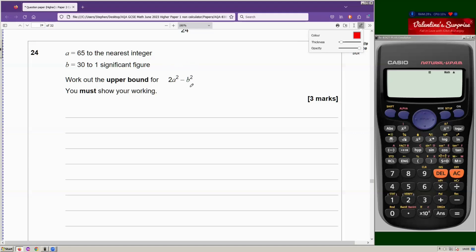So we want to take the smallest bit away, and we want the biggest bit there. So that's going to be 2. And the biggest this can be, to the nearest integer, is 65.5 squared. And then this one, the 3 is the significant figure. So the smallest it could be is 25.